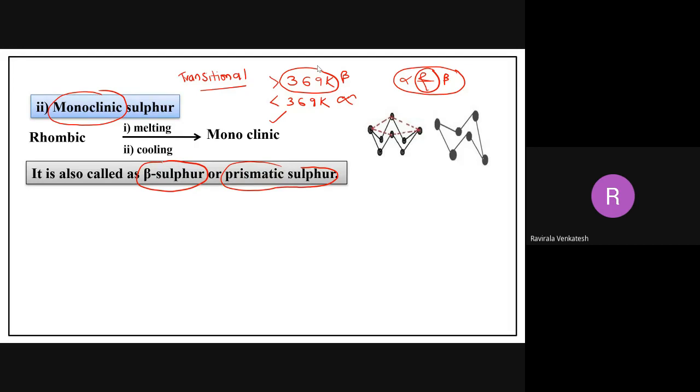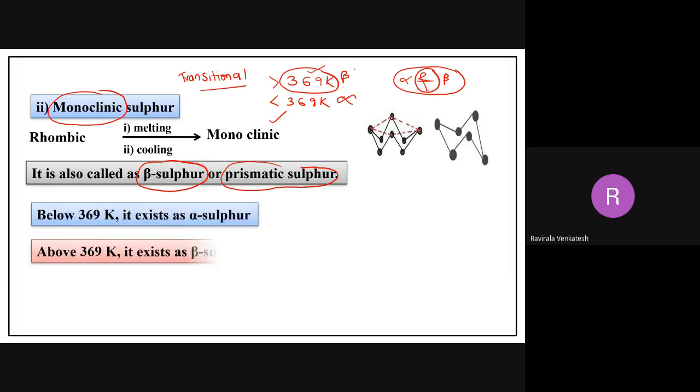At this temperature, both are existing. Above it, beta; below it, alpha. You must remember this temperature. Next, below 369 Kelvin, what is existing? Alpha sulfur. Above it, what do we get? Beta sulfur. You must remember these two points.